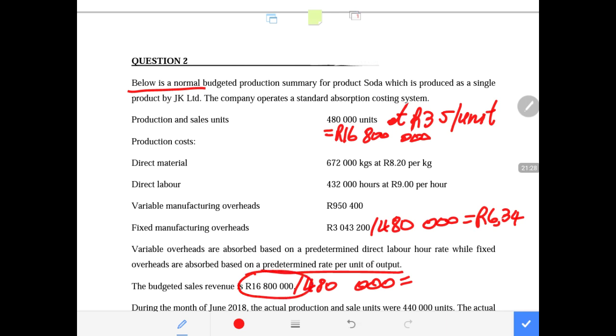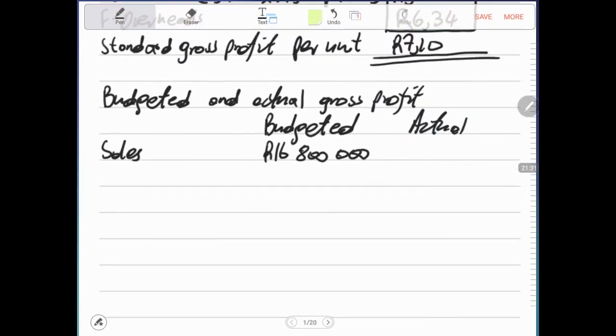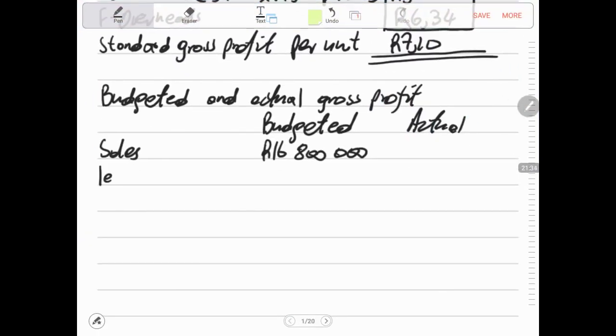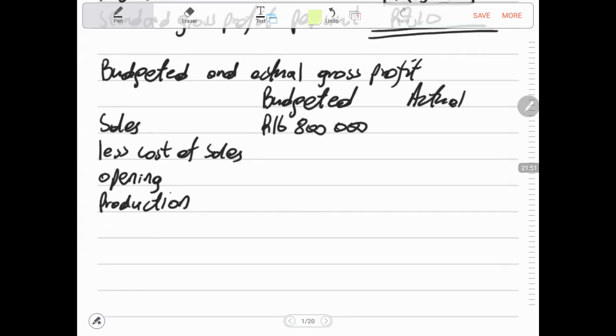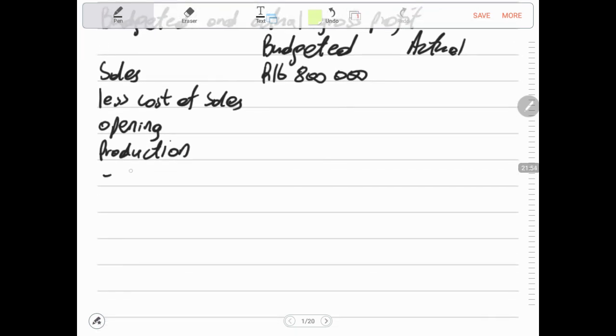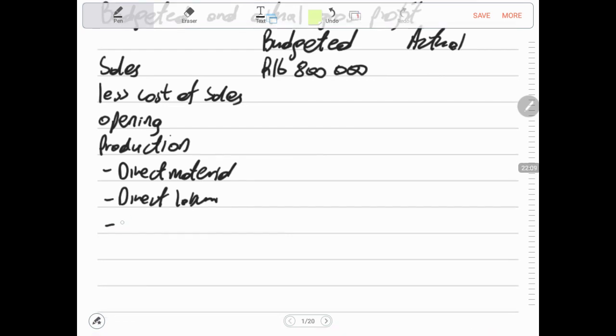Then we need to say minus cost of sales because we are using the absorption costing system. Sales less cost of sales, and my cost of sales will be made of opening inventory. I always want to say opening inventory, either is there or not. Opening inventory plus production, and my production cost is made of 3 or 4 elements. It is direct material, it is direct labor, it is variable overheads.